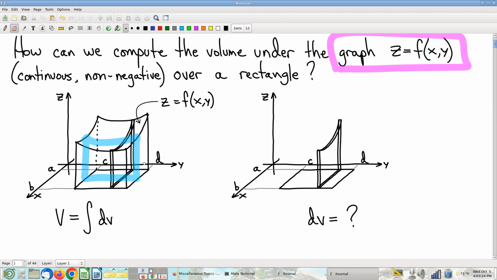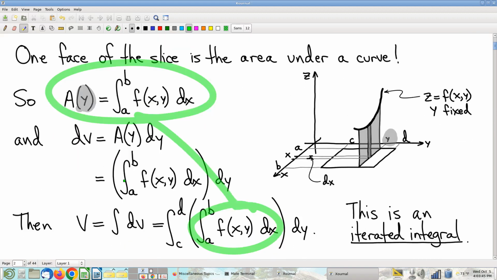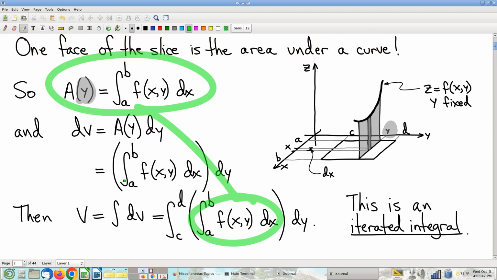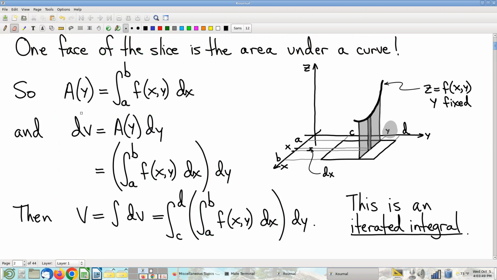And instead of y going from C to D, you're going to have x going from A to B as your outside integral. And that cross-sectional area is going to be computed as y goes from C to D. So you can see it's going to track, structurally anyway, exactly what we did here. It's just that everything's going to be that little bit different.